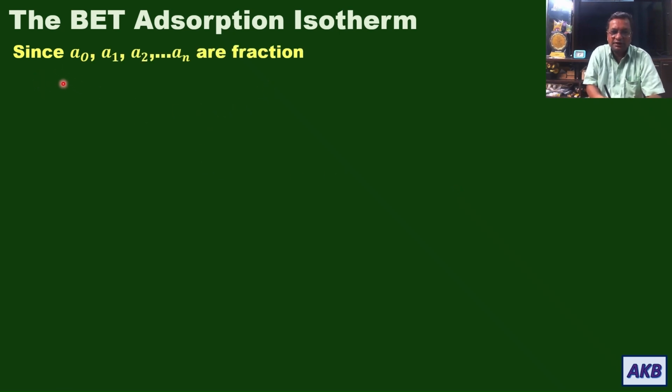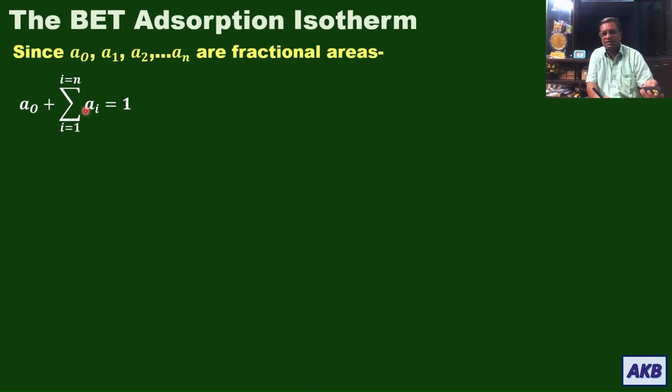Now, since all the small a's, that is A0, A1, A2, and for any nth layer, An, are fractional areas, their summation will be equal to 1. So A0 and the sum of all other a's will be equal to 1, because the sum of fractions is equal to 1. So A0 plus the summation of Ai, where i goes from 1 to n, is equal to 1.